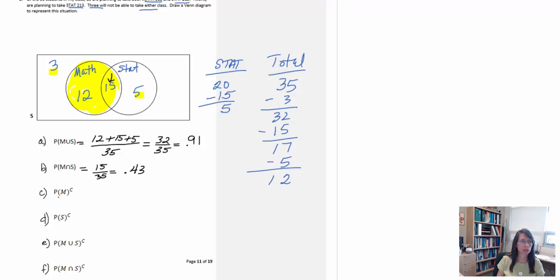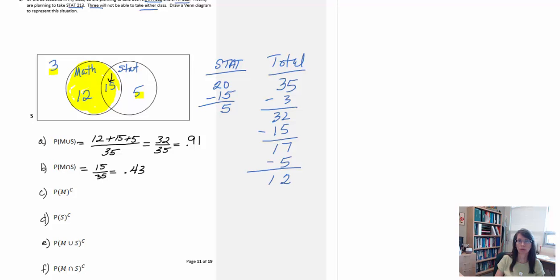In example C, we have complements being used. So we're looking for the probability of the complement of taking a math course. In other words, not math. So we would find 12 added to 15 makes 27.